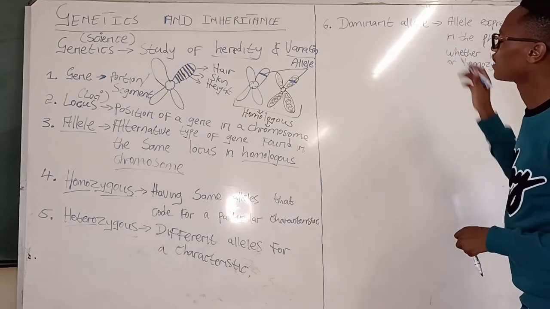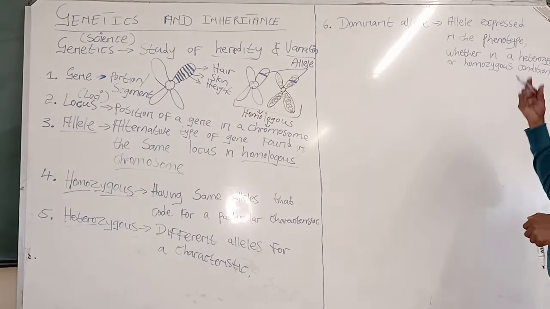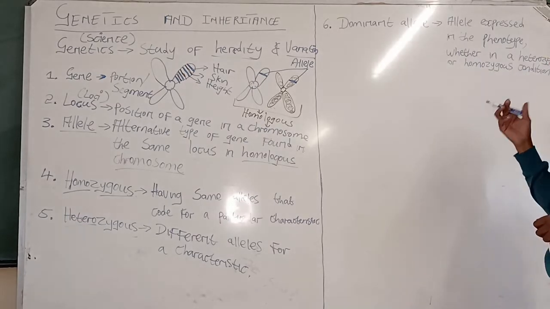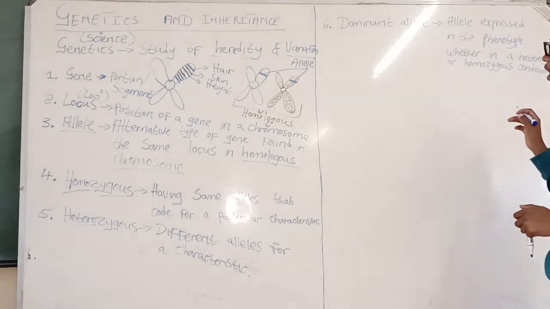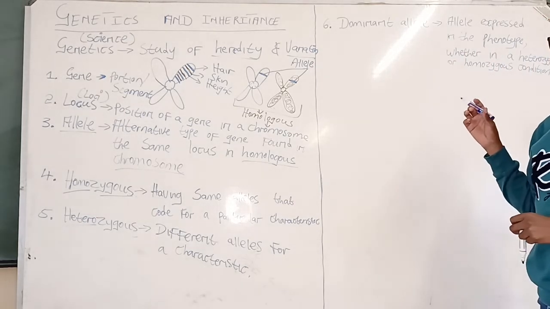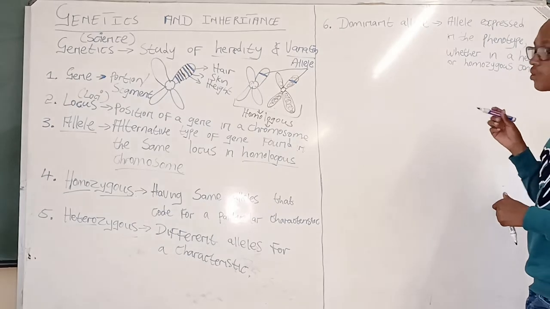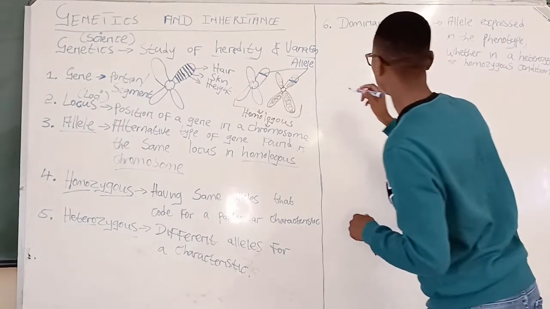It is a dominant allele. I'm going to do examples about the crosses in this topic, so you'll see, when you talk about dominant alleles, how we are able to represent them using different alphabets. So don't worry about that now.